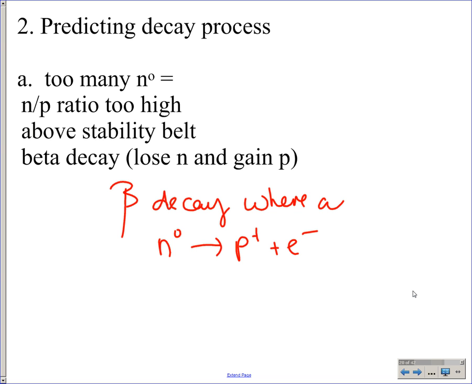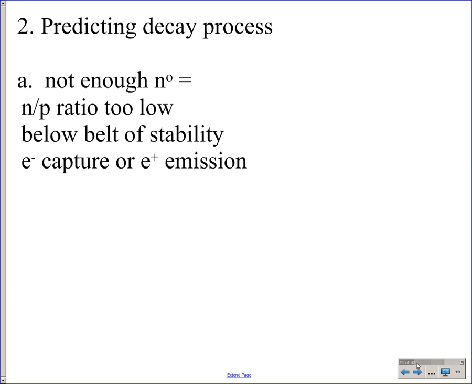And if you remember from the last lecture, beta decay is where a neutron is transmuted or changed into a proton and an electron, which will increase the proton number and decrease the neutron number at the same time. So it's going to undergo beta decay until it gets to a stable ratio of neutrons and protons. Opposite of that, maybe your nucleus is unstable due to having a very low neutron to proton ratio. So there's not enough neutrons to offset all the protons that exist. So this is below the band of stability. Therefore you need more neutrons or you need to decrease the number of protons.